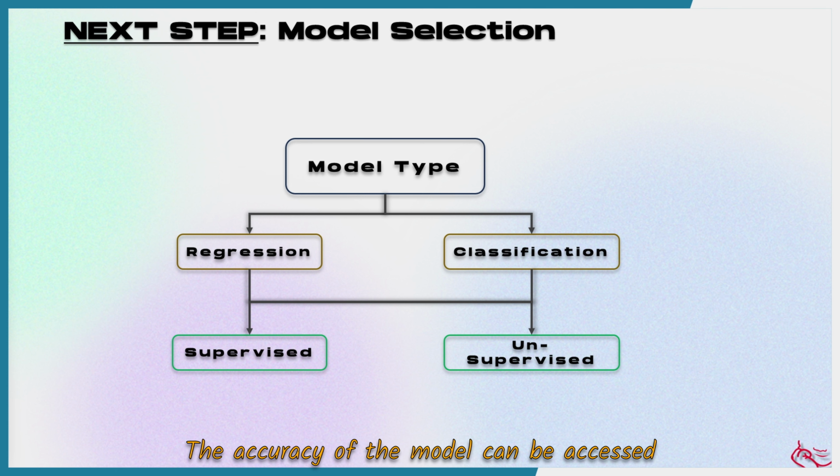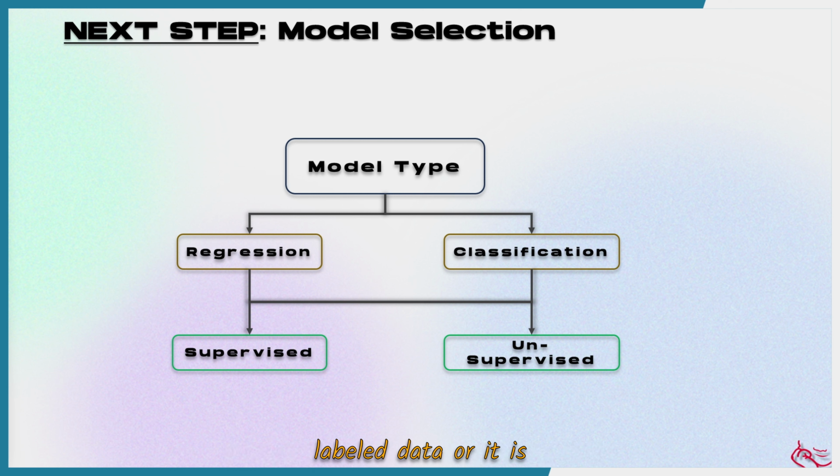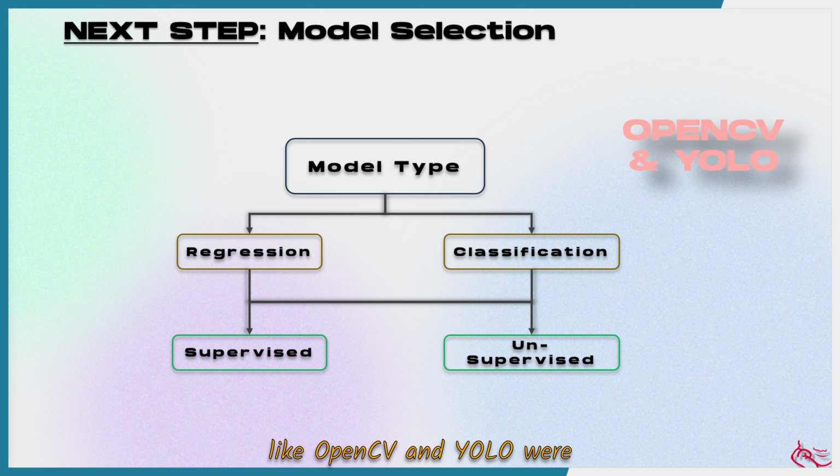The accuracy of the model can be assessed on a validation dataset, which is part of the original labeled dataset but not used during training. In unsupervised learning, there is no labeled data, or it is impractical to label the dataset due to its size. Machine learning algorithms are utilized to perform data analysis on the dataset independently. For instance, object detection models like OpenCV and YOLO were trained using unsupervised learning.